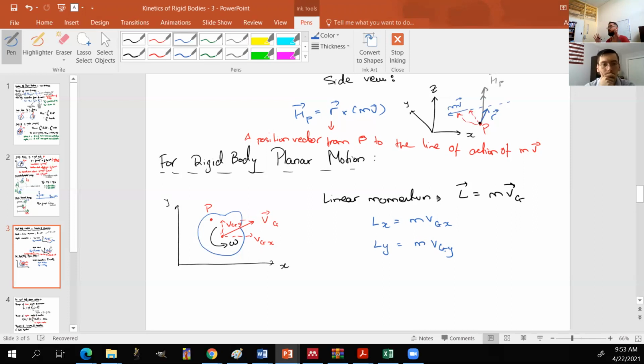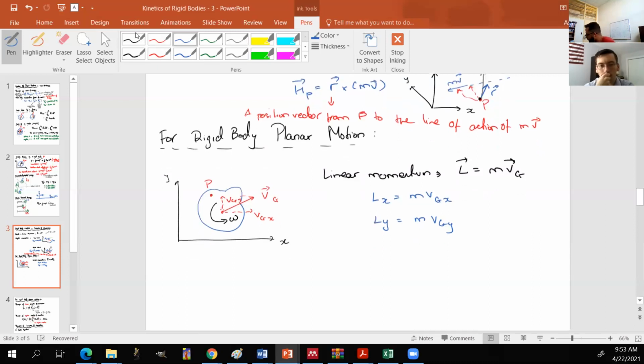All right. Because we're looking at planar motion of rigid bodies, you only need to be concerned with the angular momentum as scalar quantities, because the angular momentum is always going to be in the k hat direction, out of the plane. So what we do is we find the angular momentum about the mass center, and this is the most traditional way to do it, always about the mass center.